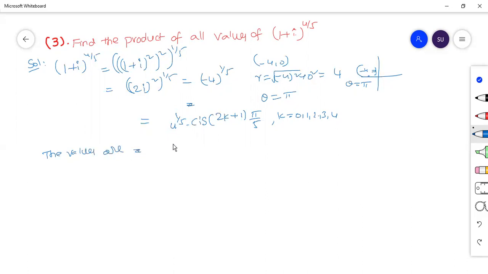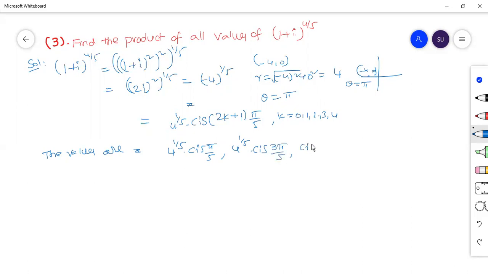First substitute 0, you will get 4 power 1 by 5 into cis pi by 5. Correct? Second, k as 1: 4 power 1 by 5, cis of (2 plus 1) 3, 3 pi by 5.